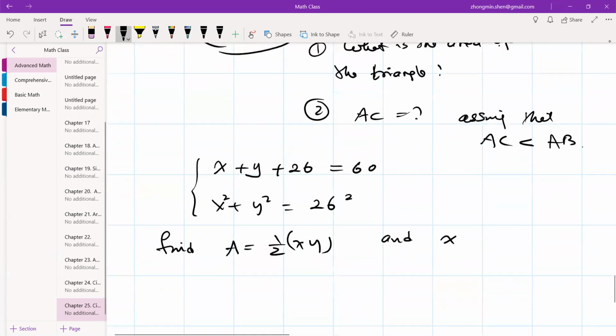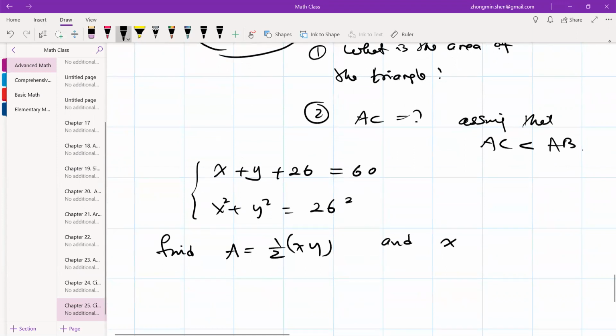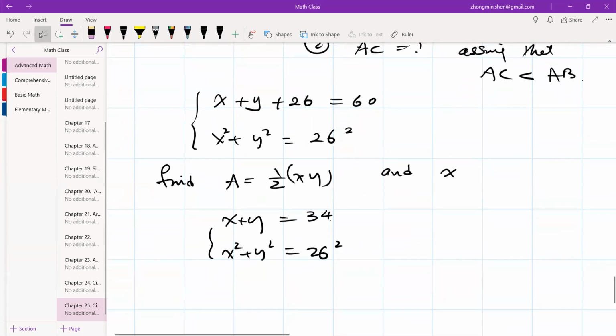Let's find the product. Look at this equation. X plus Y is going to be 34. X squared plus Y squared is going to be 26 squared. I think we can quickly find X times Y.